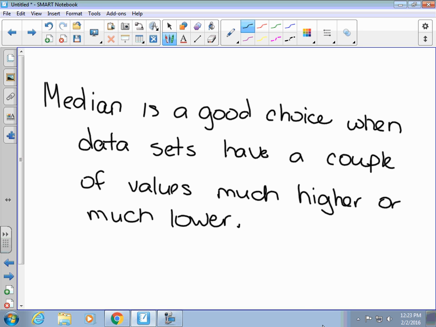Now, if they ask you for median, it doesn't matter. They're directing you toward median. But if they gave you just a set of numbers and said, which of the following measures of central tendency would you use to find the answer? If it has some really high numbers or some really low numbers, then you would use the median.